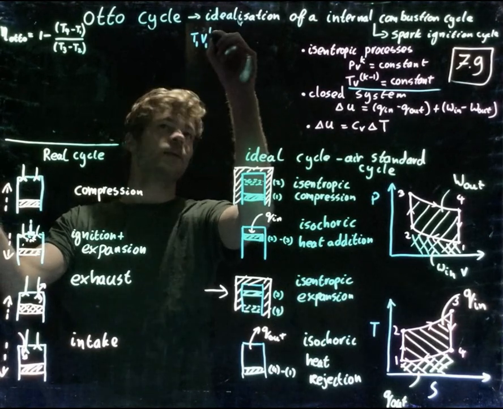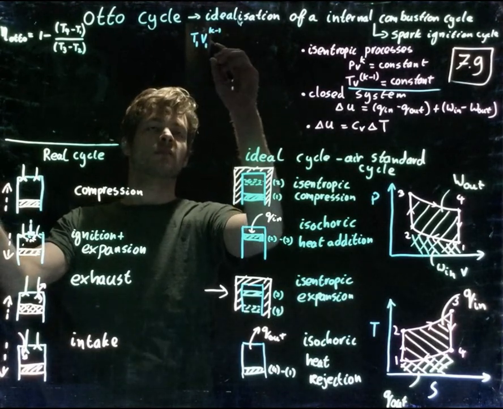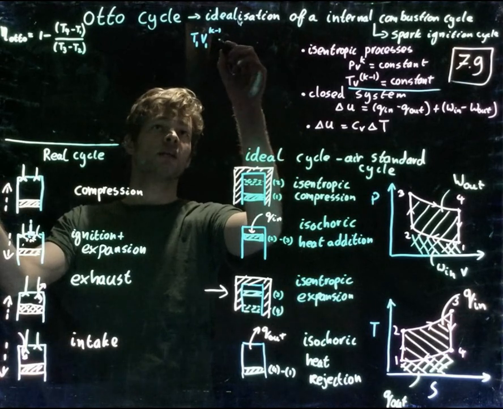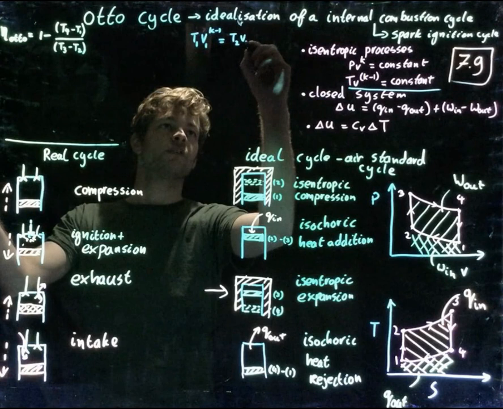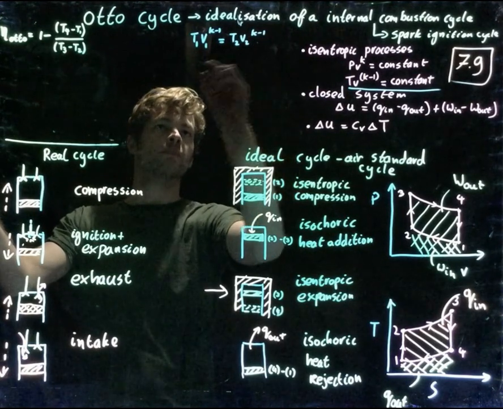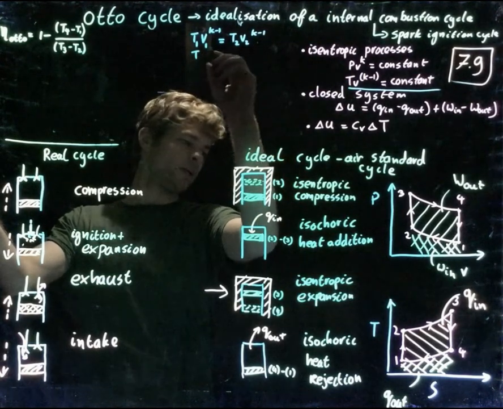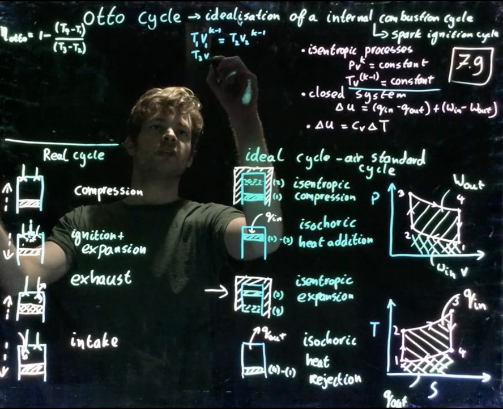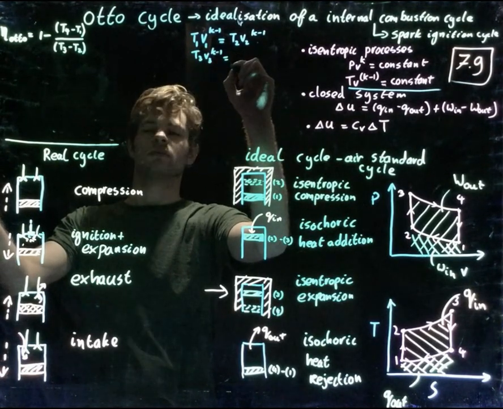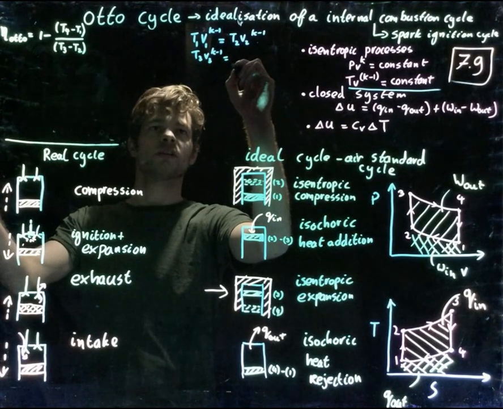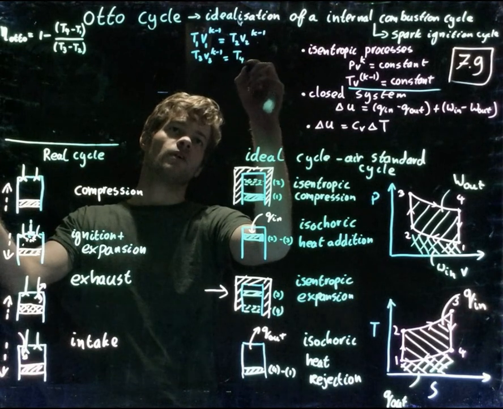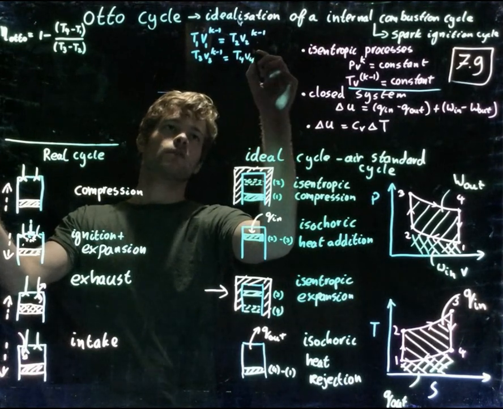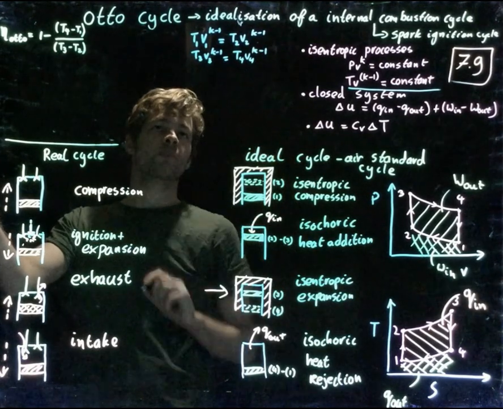So T1 V1 to the power k minus 1 is equal to T2 V2 to the power k minus 1, and something similar is true for T3 V3 to the power k minus 1. No, I'm saying it wrong. It's T3 V3 to the power k minus 1, and we have T4 V4 to the power k minus 1.